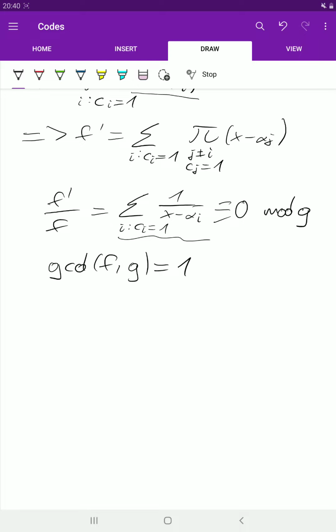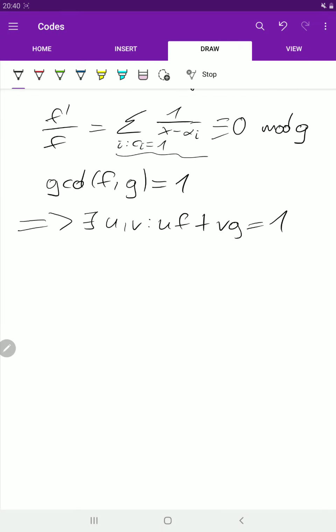Okay, so that's the first thing. Then we use Bezout's lemma or the extended Euclidean algorithm, so we get u and v such that uf plus vg is equal to 1.